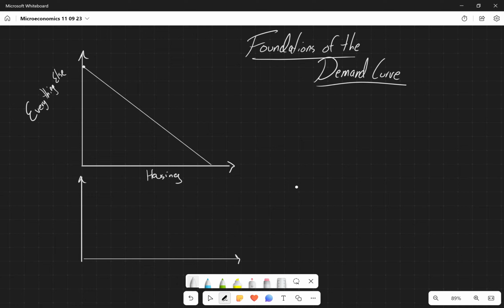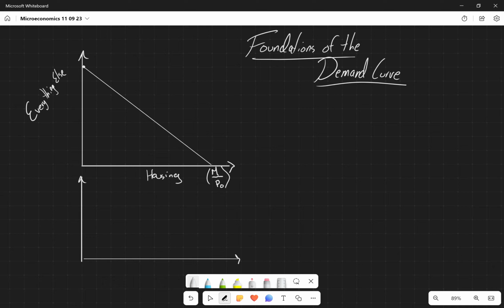And the intercept here is just my income divided by my initial price of housing, right? Because this intercept is essentially saying, if I don't spend money on anything else and I just spend all my money on housing, how much housing can I purchase?